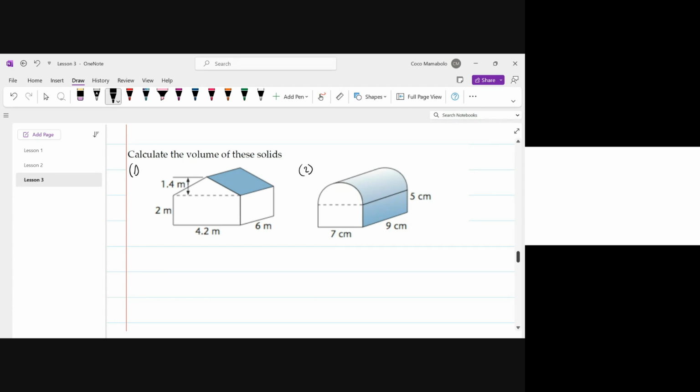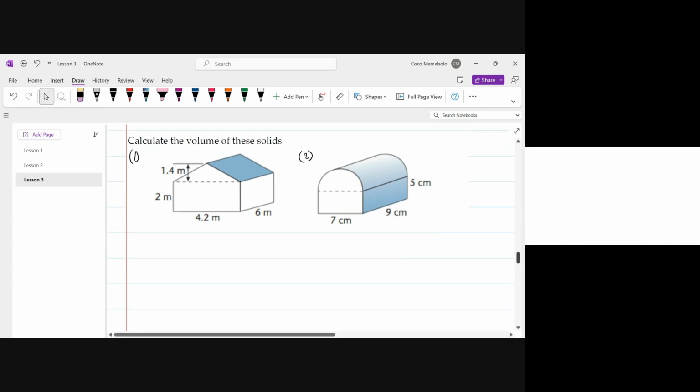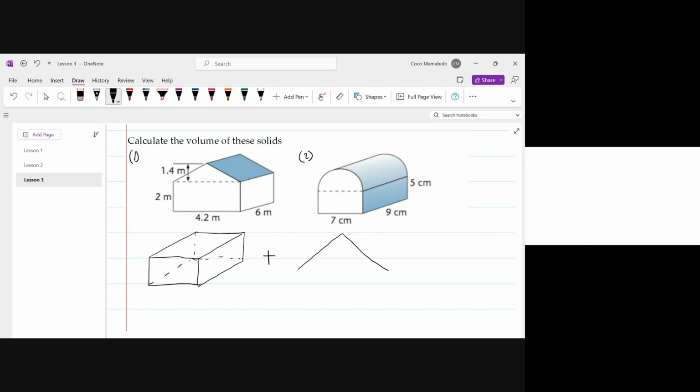All right, lovely. Let's look at this first shape. We can tell that this first shape is made of 2 other shapes. I know that this is going to be made of the rectangular prism at the bottom, plus the top shape, which is a triangular prism, like that.